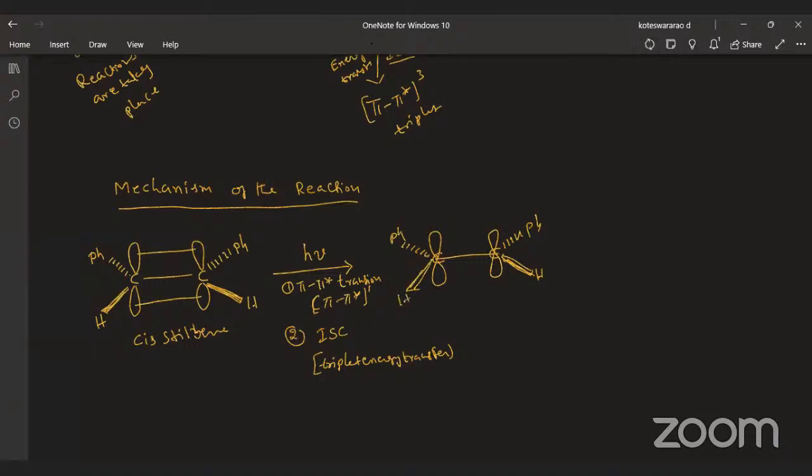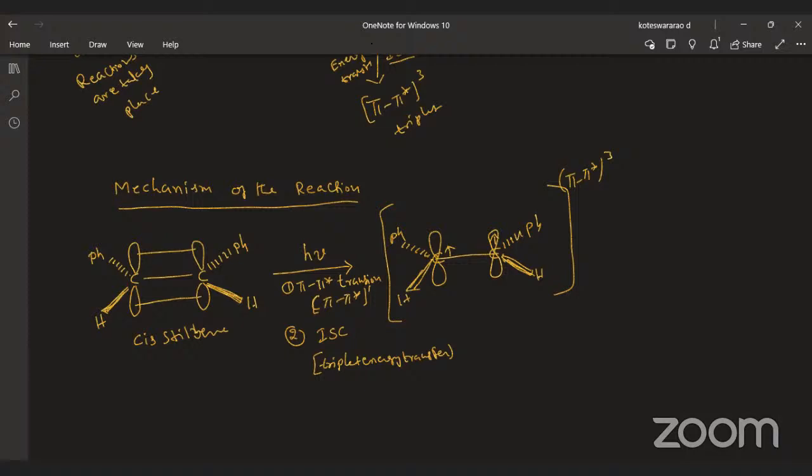In the singlet state, both the electrons are of opposite spin. But when it converts into the pi to pi star triplet state, both the electrons present on the double bond of the pi electrons have parallel spin.